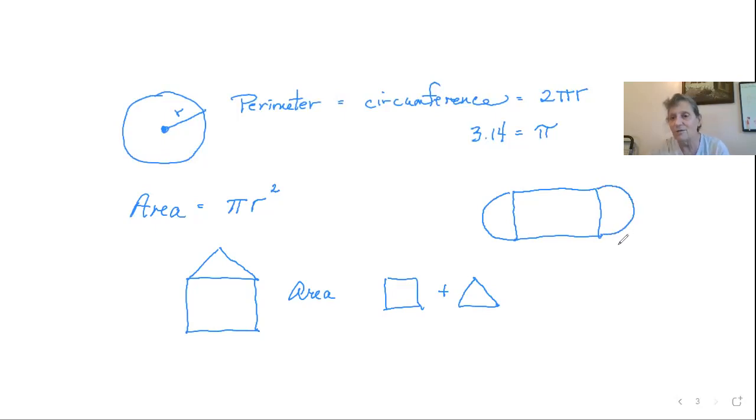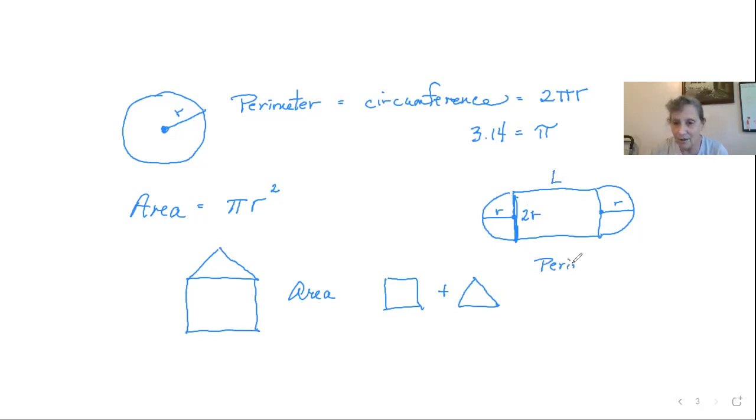Now they have to say it's a semicircle, but perhaps we have a track here so that this distance would be the radius. This distance is, of course, 2 times the radius. So we can find the perimeter and we can find the area of this if we know just the radius and this distance right here.